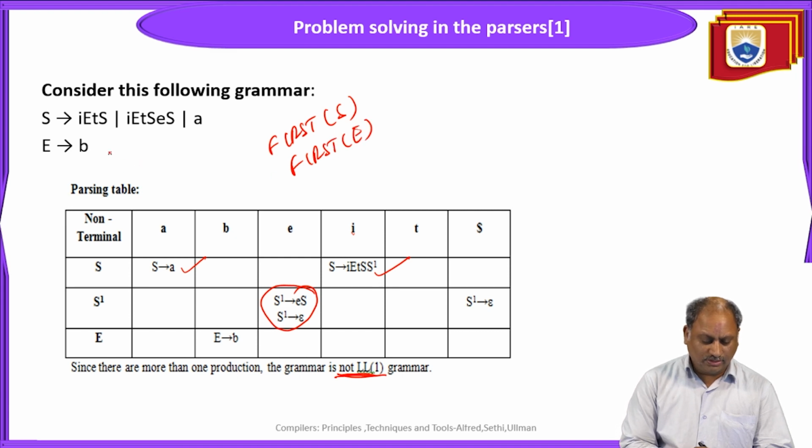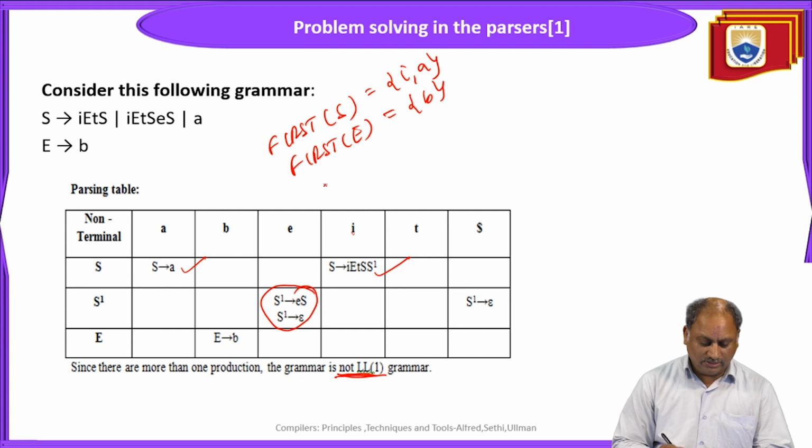So what is first of S here? Small i, small i, comma A. What is first of E here? First of E is B. And first of S dash.